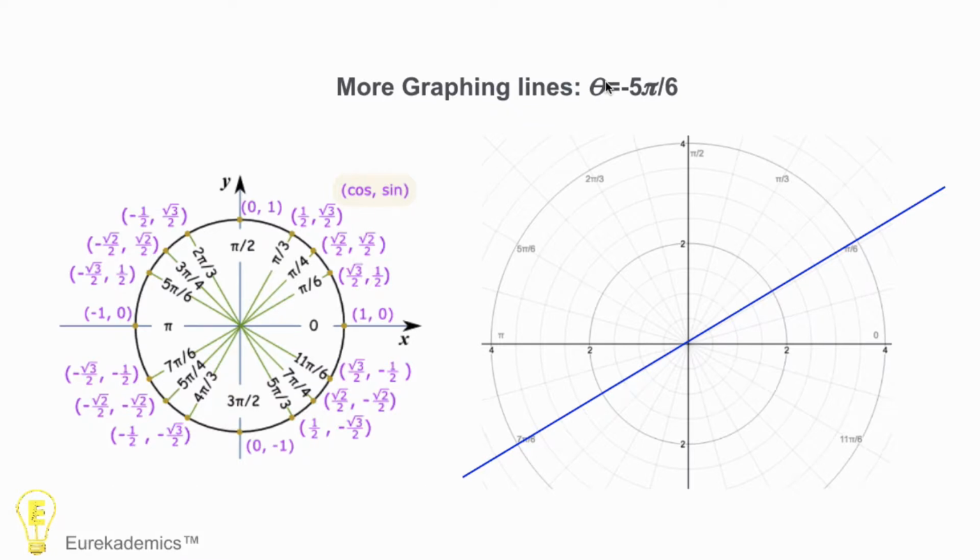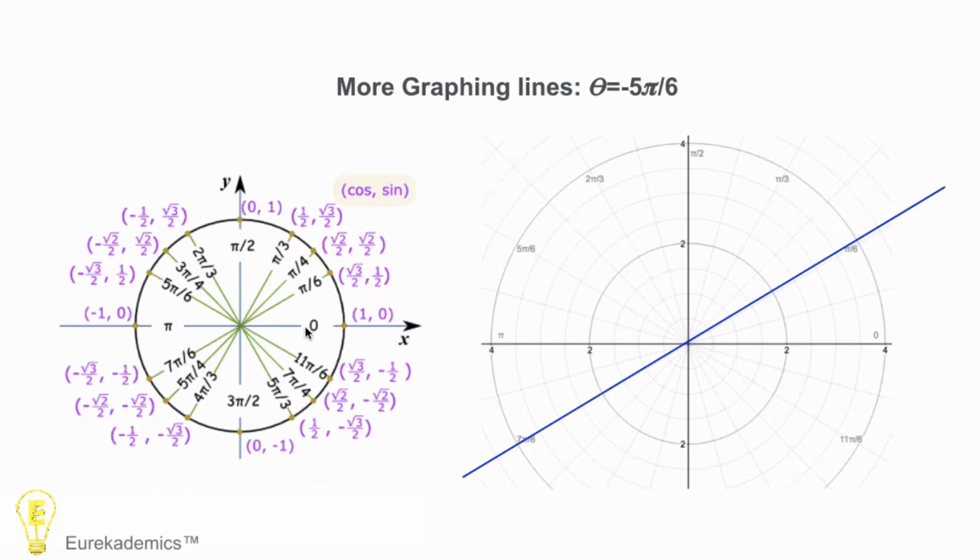Here, theta is negative 5 pi over 6. The way I would approach it, I would ask myself, if theta was positive, what would it look like? If theta was 5 pi over 6 on my unit circle, I would do a whole quadrant plus the third tick. If that was the positive direction, then you do the same thing in the negative direction: one whole quadrant and then the third tick, which is at 7 pi over 6.